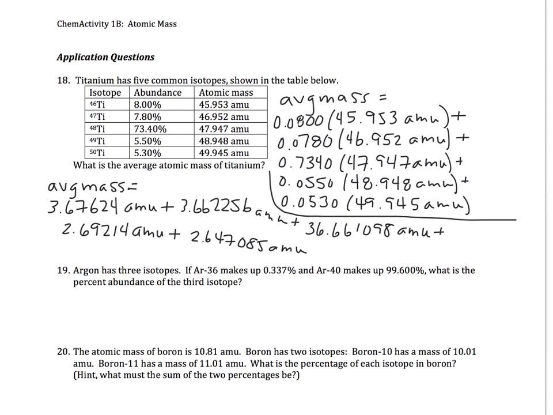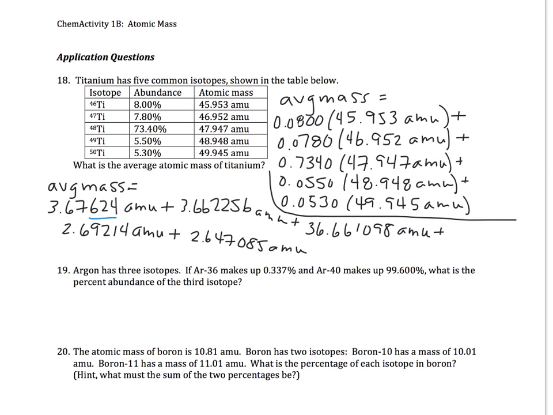Now I'm going to take a little detour here for some sig fig work. In the product of this first term, this number has 3 significant figures, this has 5. So in the product, we can only have 3. So I'm going to underline in blue the numbers which are not significant.